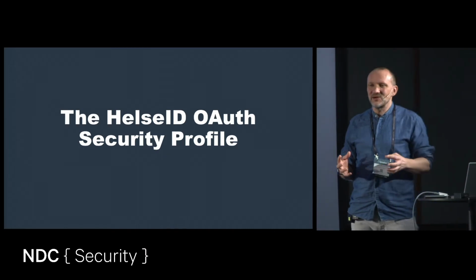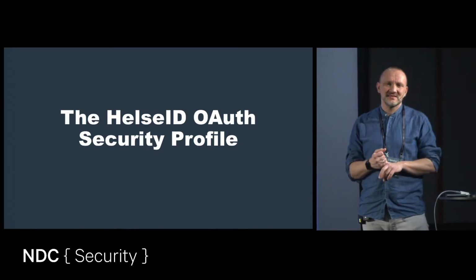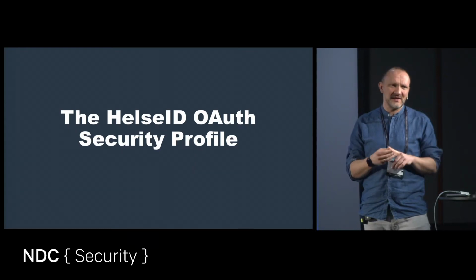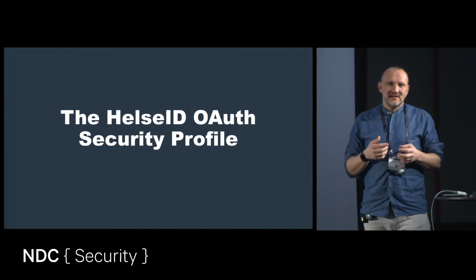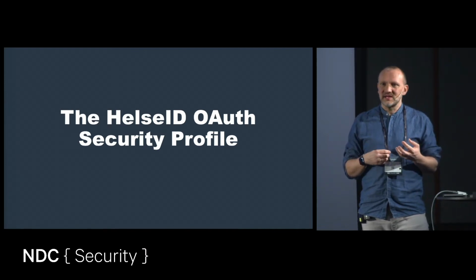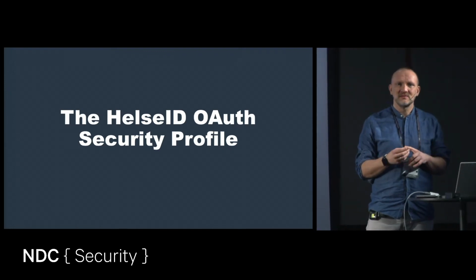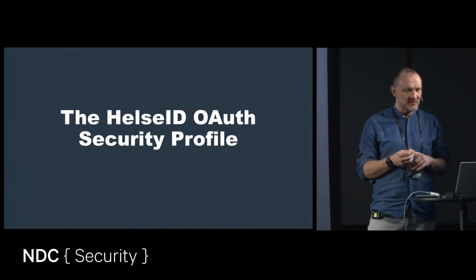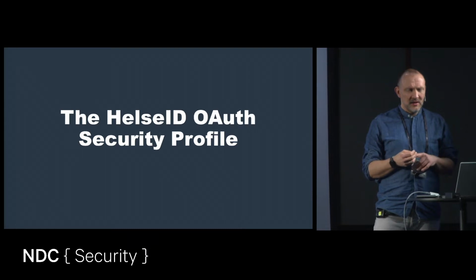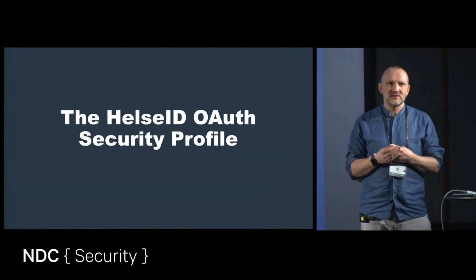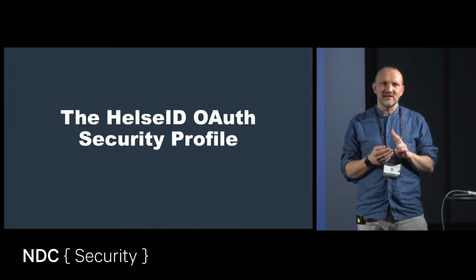We can't go into all the details, but for instance, we don't support a shared secret where a client software has a password. We always require that they use asymmetric crypto. So the client must use a private key to prove who they are, not just a password. We only support 2 flows. We support the authorization code and the client credentials.